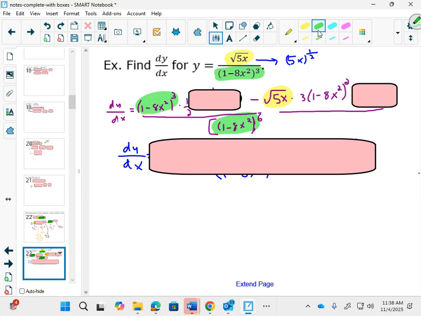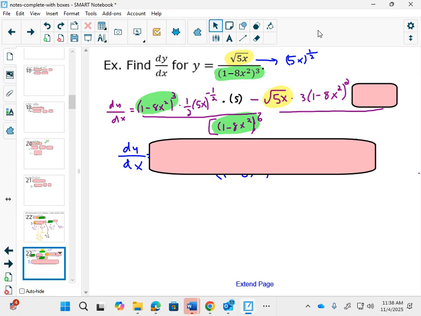So I keep the bottom the same. Then I have to do the derivative of the top. Do you see that the derivative of the top is a chain rule? There's a 5x inside an exponent of a half. So how do we do that? We bring the half out in front, keep the inside the same, subtract 1 from the exponent, then multiply by the derivative of the inside.